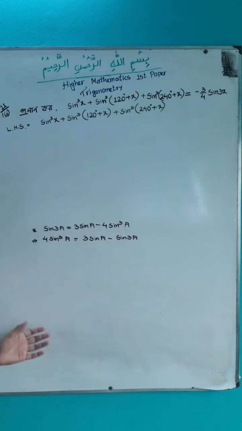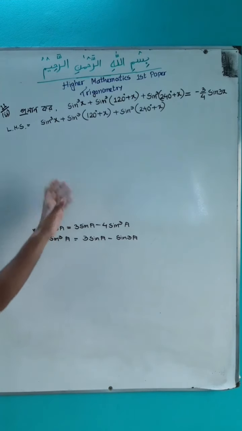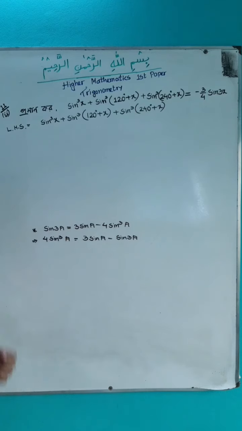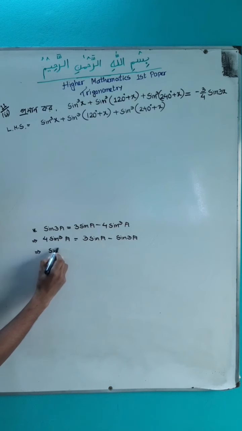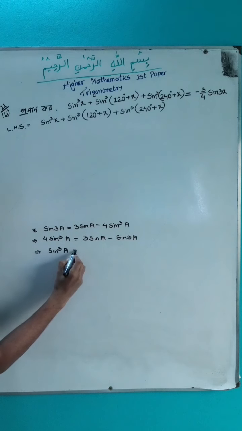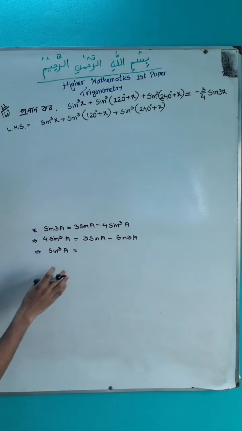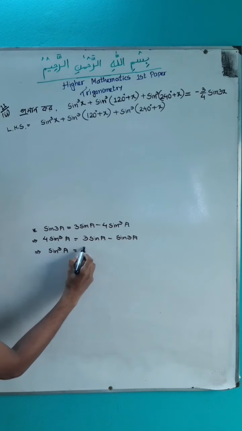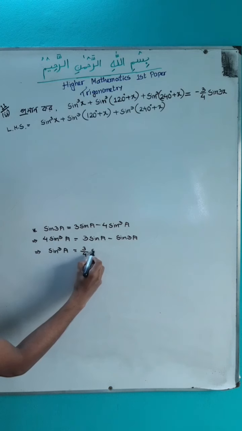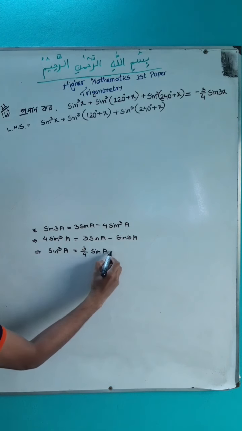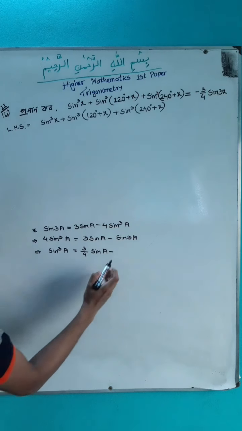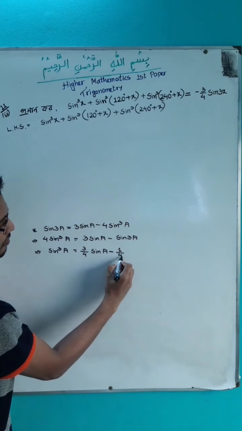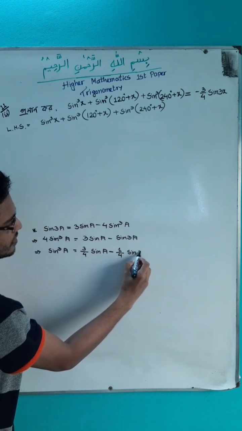Now we will try to put this formula in this math for sin cube a. We have to divide this part by 4. So we can write sin cube A equals 3 by 4 sin A minus 1 by 4 sin 3A.